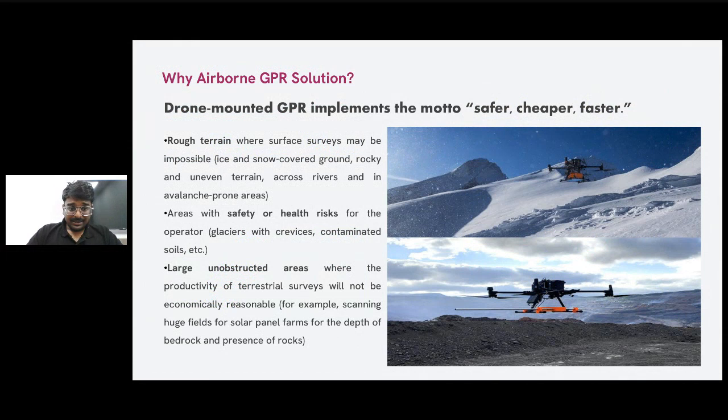So in all such cases, the airborne GPR solution has the upper hand over the traditional methods, whether it be a hilly area or a natural disaster stricken area, the vast area that has to be scanned, the speed at which it has to be scanned.